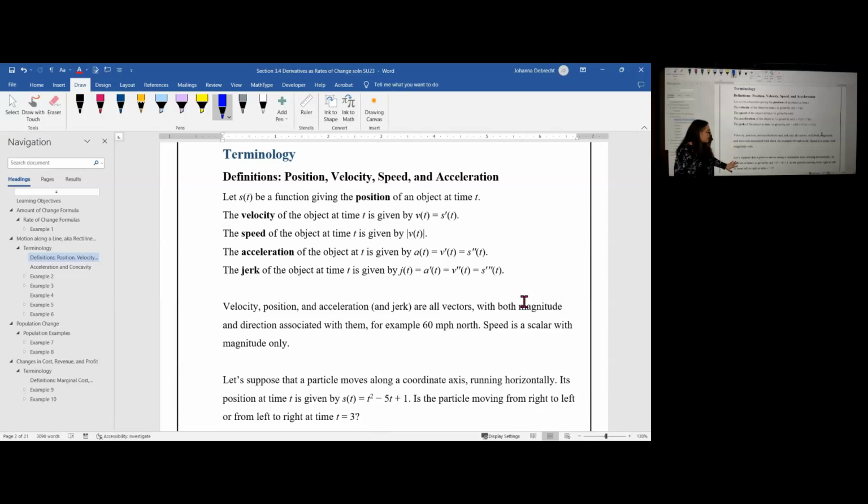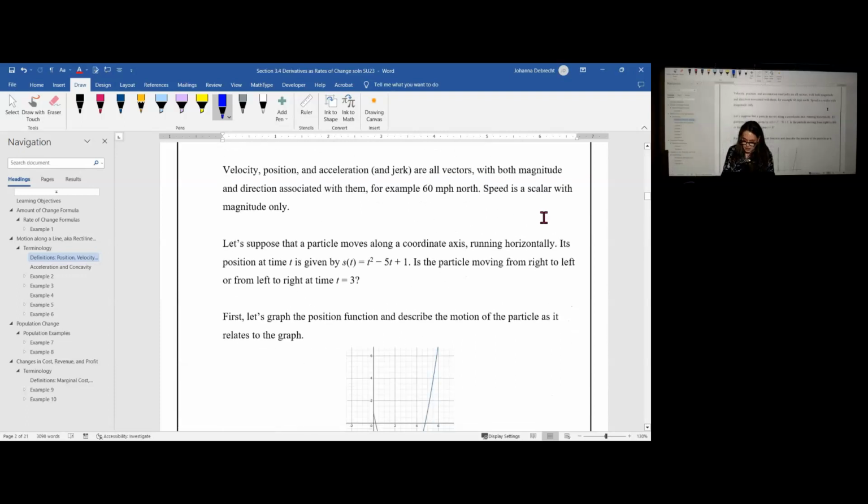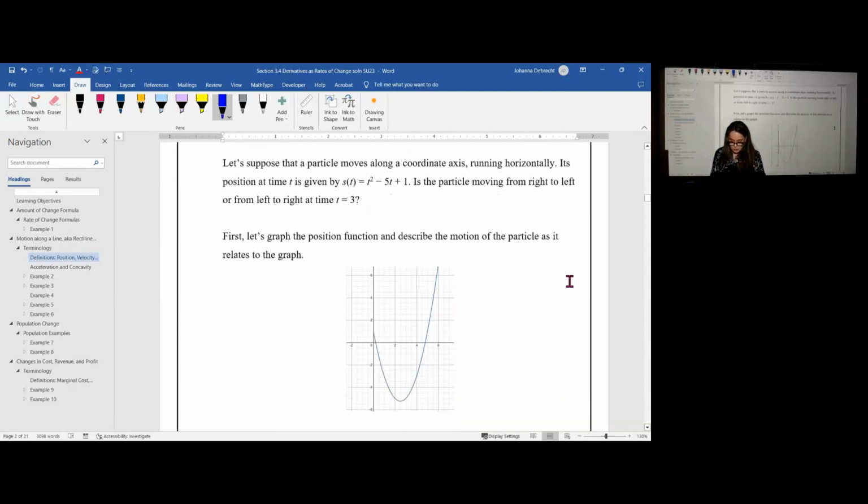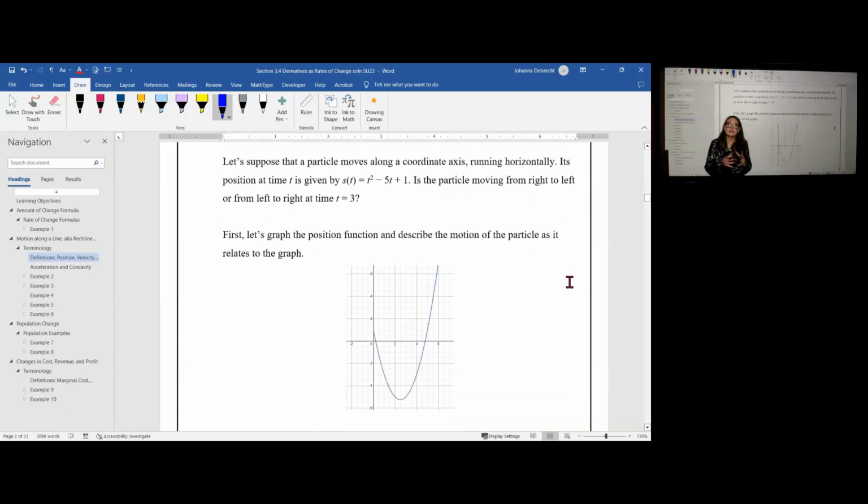What we want to talk about now is a particle moving along a coordinate axis. We're going to assume that this particle is actually a car and that it's traveling along this straight road, moving left to right. We'll assume that Denver is our origin or starting place, and it's on I-70, and it is traveling either east or west.